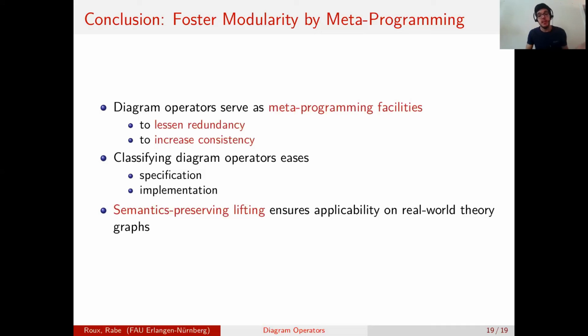Classifying diagram operators, identifying abstract properties which are useful, easy specification and implementation, and pen-and-paper theorems such as the semantics preservation of liftings ensure that we can appropriately and efficiently deal with diagram operators given in a concise way.